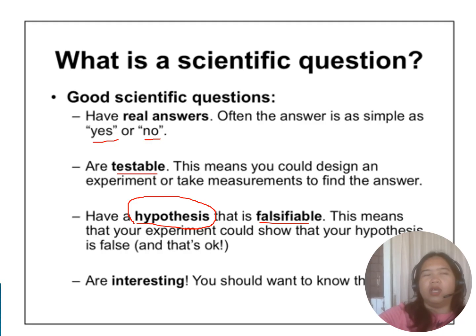For example, what is the effect of salt on the growth of plants? It can either positively or negatively affect the growth of plants. This means that your hypothesis can be false, and it's okay that it's false.